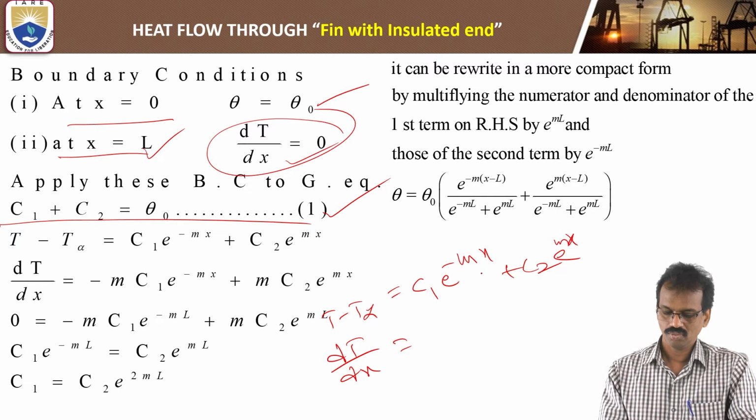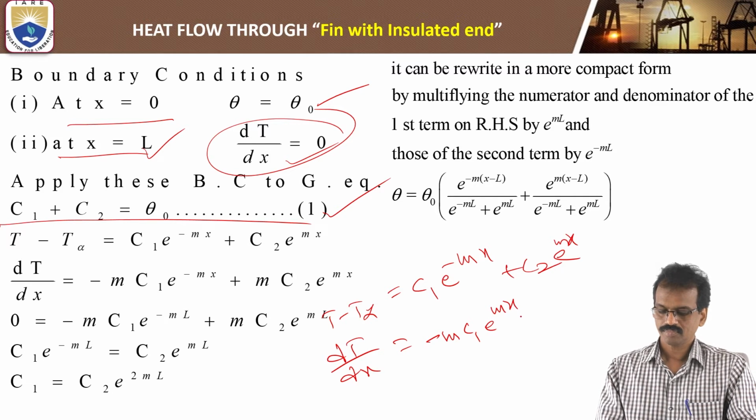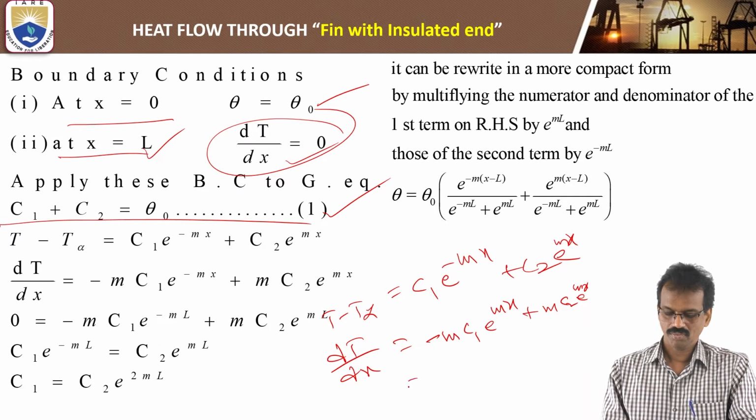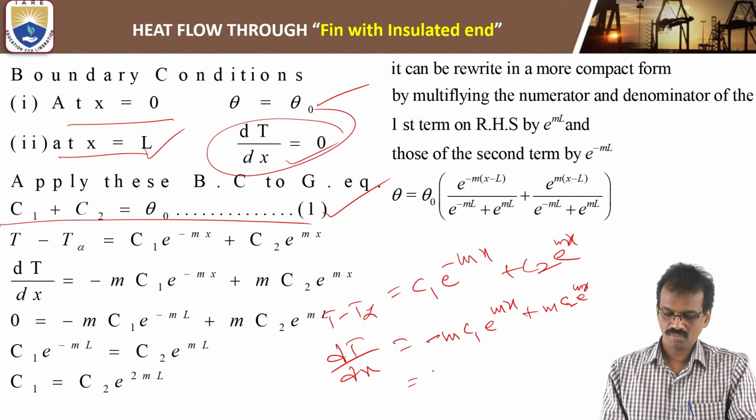The derivative of e to the power of minus mx gives minus m C1 e to the power of minus mx, plus m into C2 e to the power of mx. You can take m as the common term: m times minus C1 e to the power of minus mx plus C2 e to the power of mx.